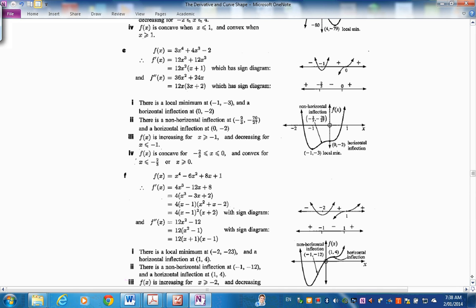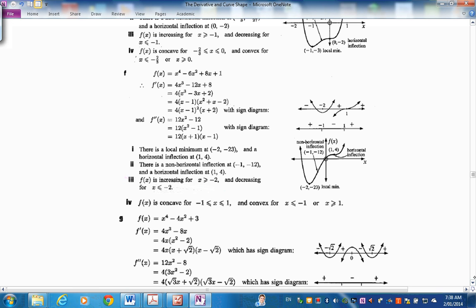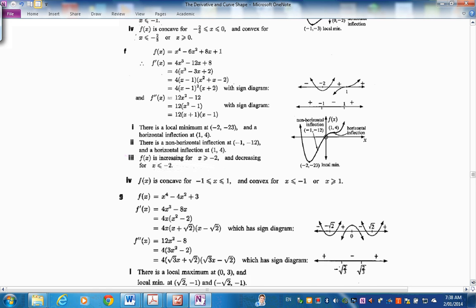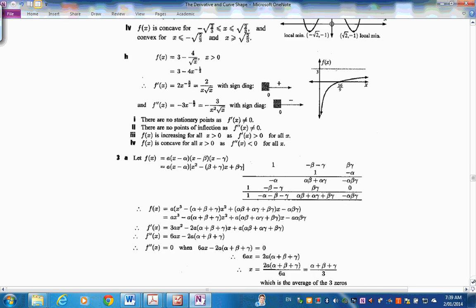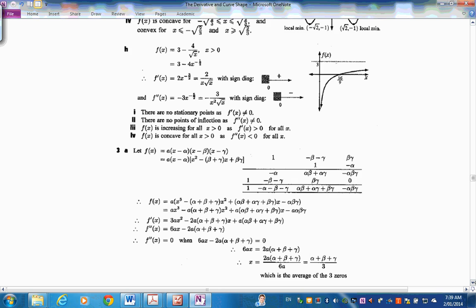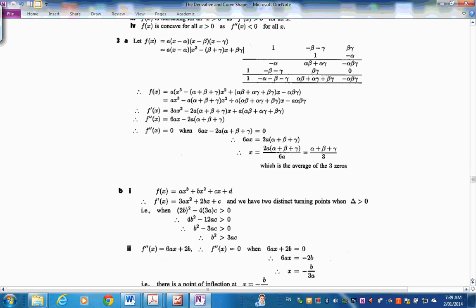And C. Let's have a look at F. A lot of work in these now. Look at G. And H. Next question there.